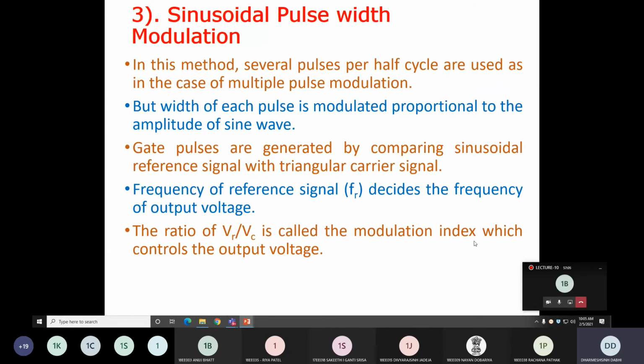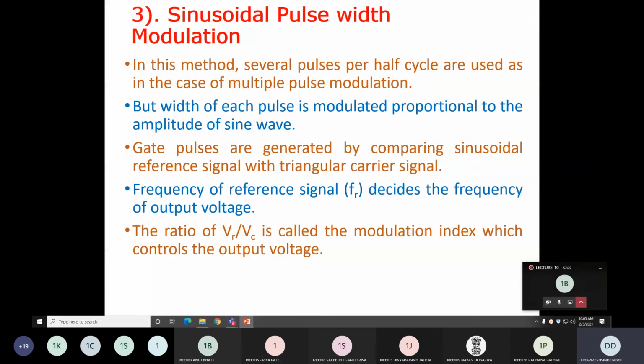Same as the previous two methods, this controls the magnitude of the output voltage at the inverter side. And the number of pulses per half cycle is again decided by the frequency of your triangular signal.